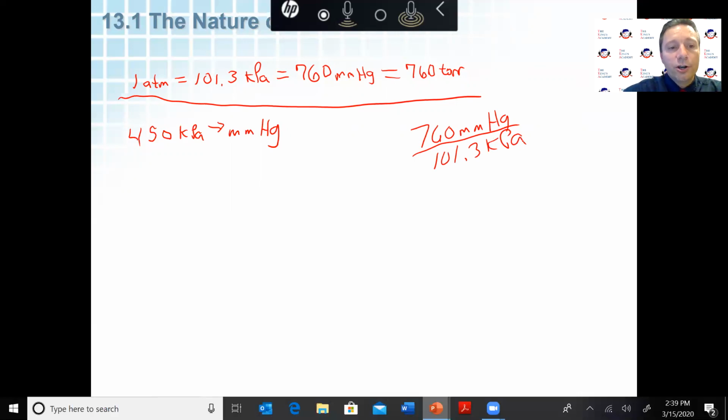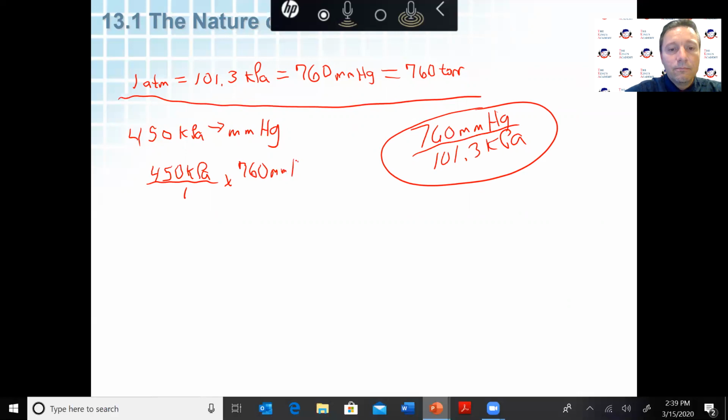So we are going to go 450 kilopascals and place that over 1. We're going to go to our conversion factor, which we just wrote right here, and we're going to go 760 millimeters of mercury and divide that by 101.3 kilopascals.